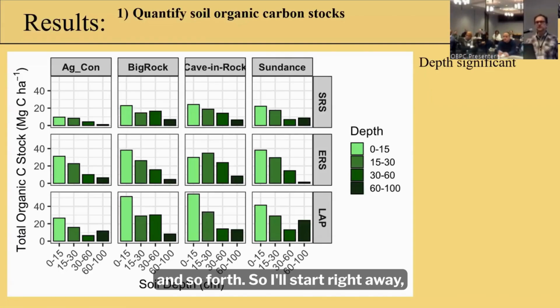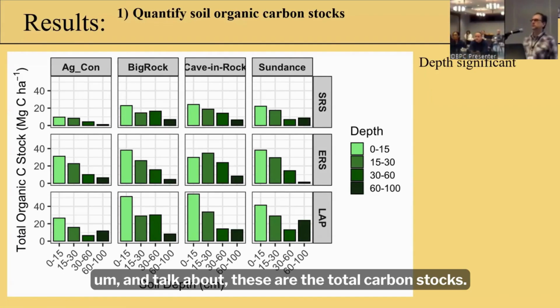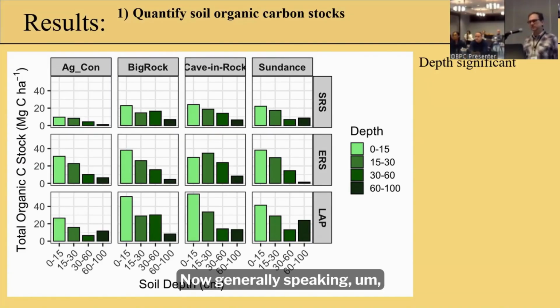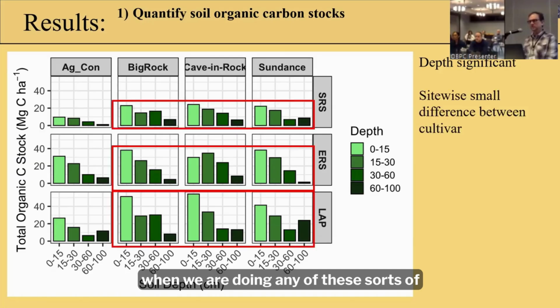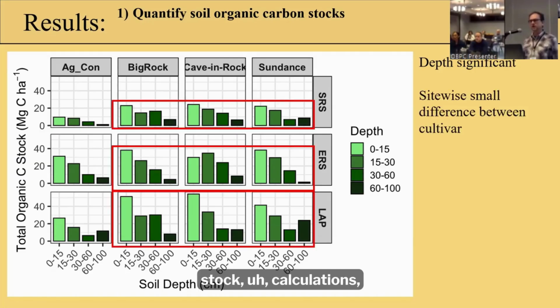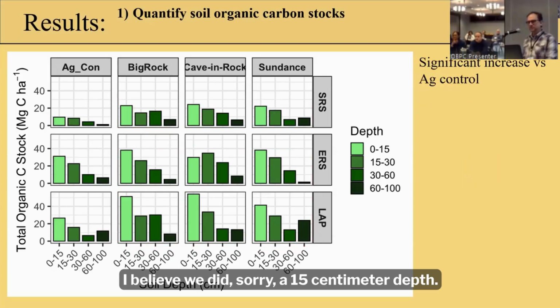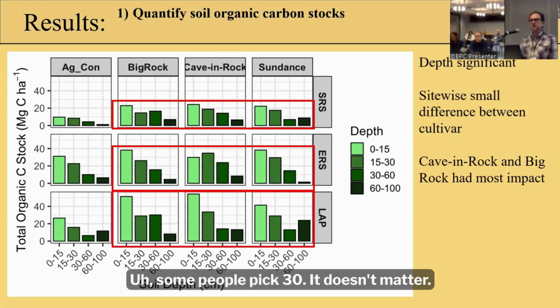So I'll start right away and talk about the total carbon stocks. Now, generally speaking, when we are doing any of these sorts of stock calculations, we have to assume a certain depth. In this case, I believe we did a 15 centimeter depth. Some people pick 30, it doesn't matter.